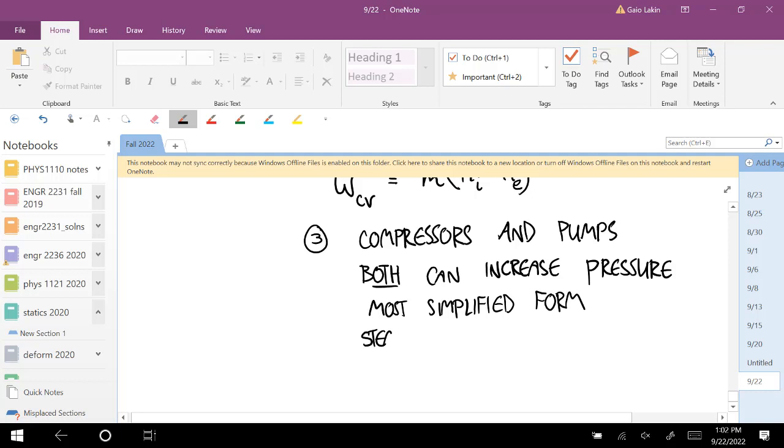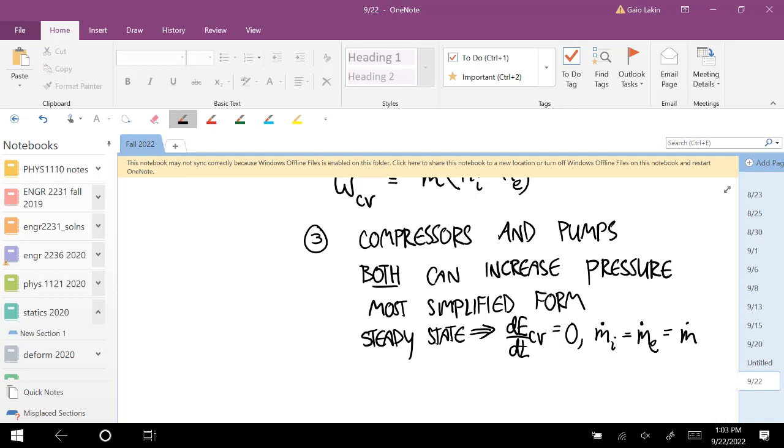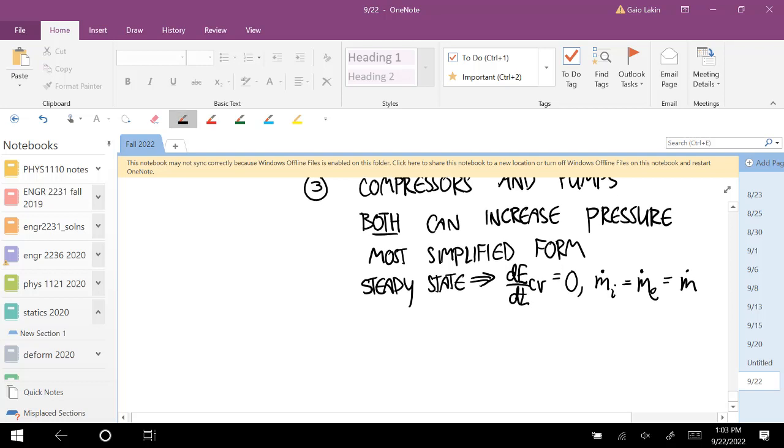Assume it's steady state. And so dE/dt is 0. And Mi dot and Me dot are just M dot. Assume there's no heat transfer.